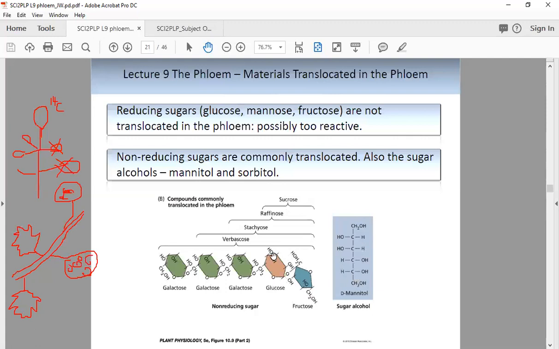But then if we combine sucrose with 1 galactose, that gives us the non-reducing sugar raffinose, which is also translocated in the phloem. If we join 2 galactose monosaccharides to sucrose, that gives us stachyose, and 3 galactose monomers bound to sucrose gives us verbascose, which is also another non-reducing sugar. All right, and that's basically the take home from this slide.